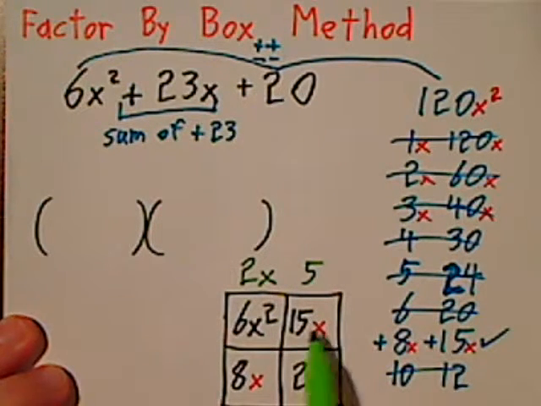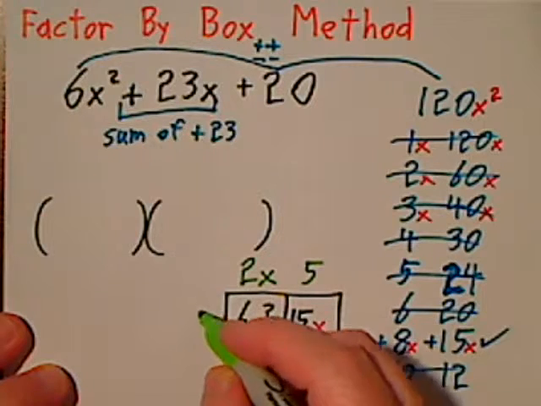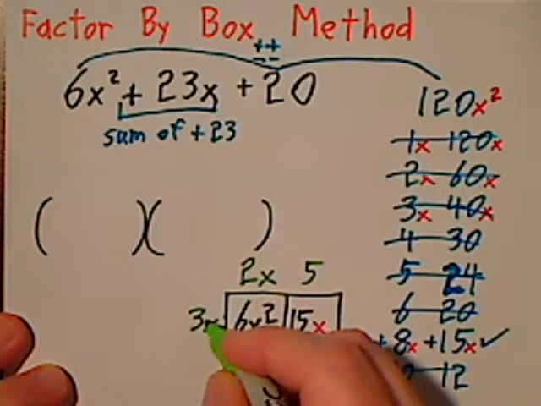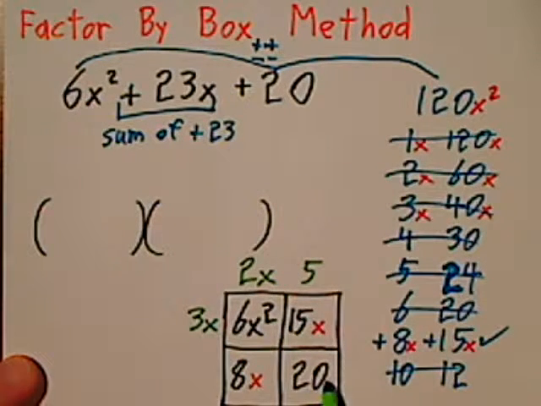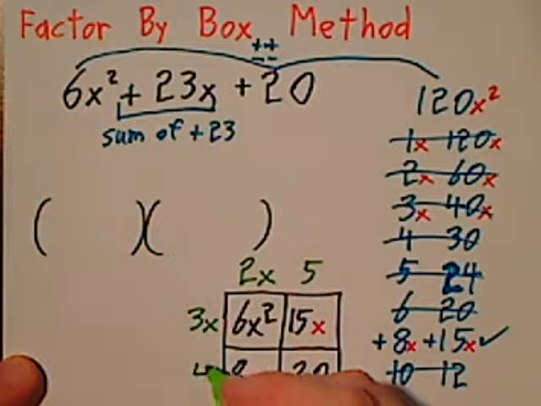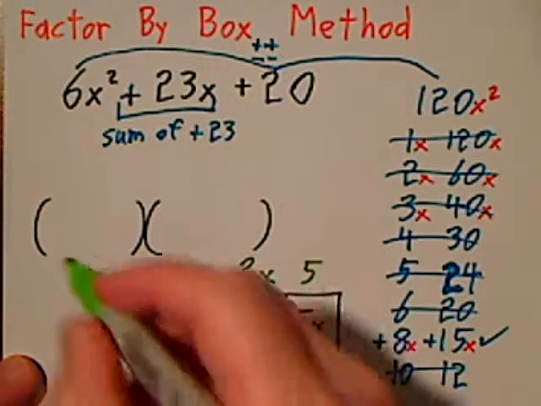Then you go across. 6x squared, 15x: I can get a 3x out of each term. So 3x is the GCF going across. And then going across the bottom, there's no x here, so I can't get an x out, but with an 8 and a 20, 4 is the GCF. We now have the factored form. 2x, that's positive 5.